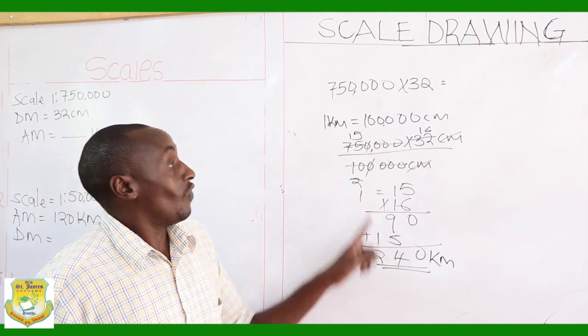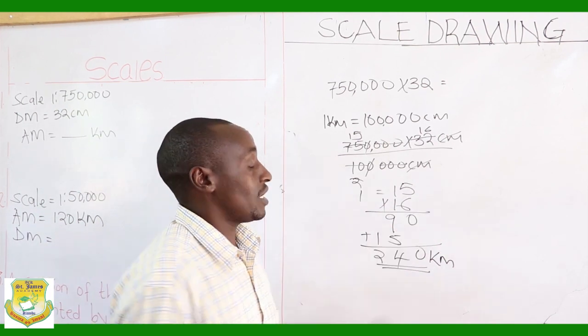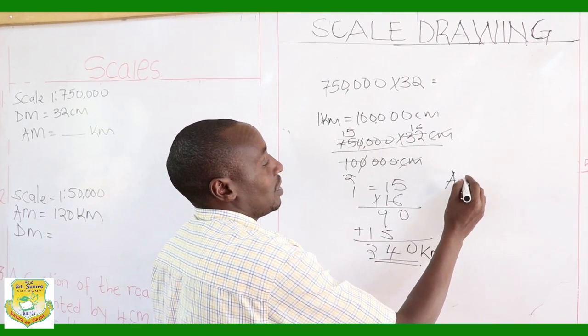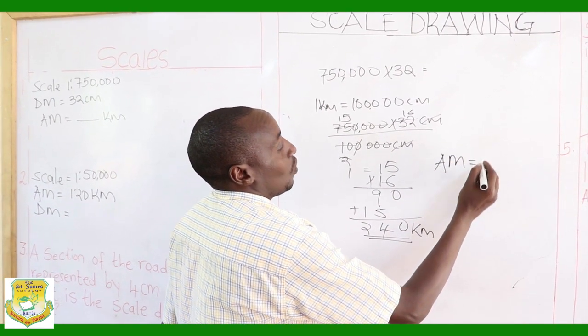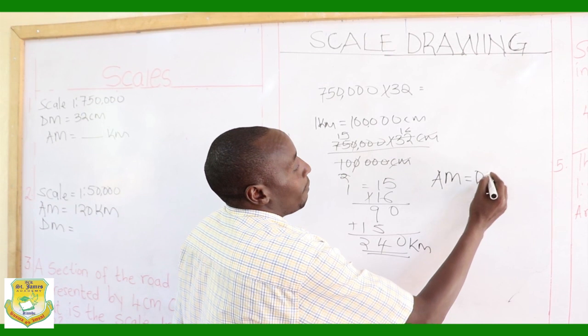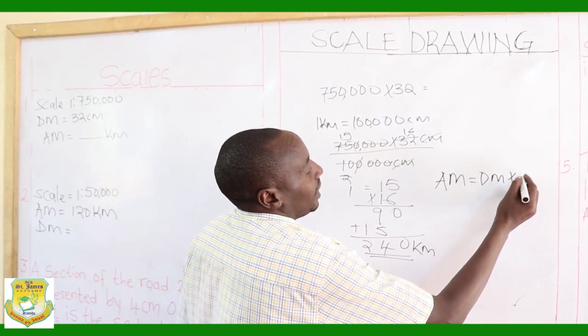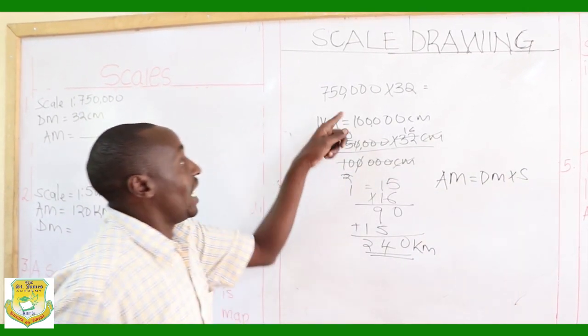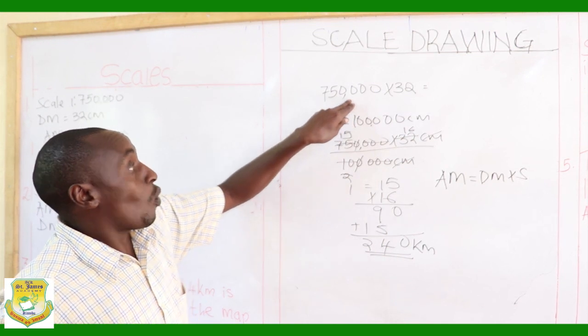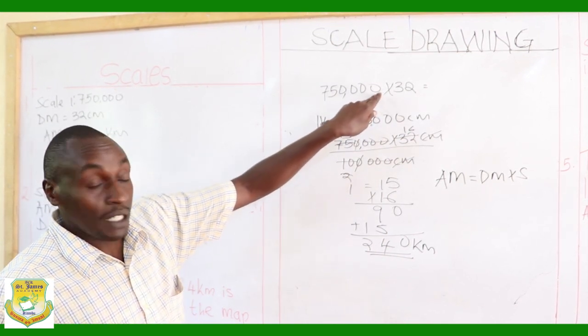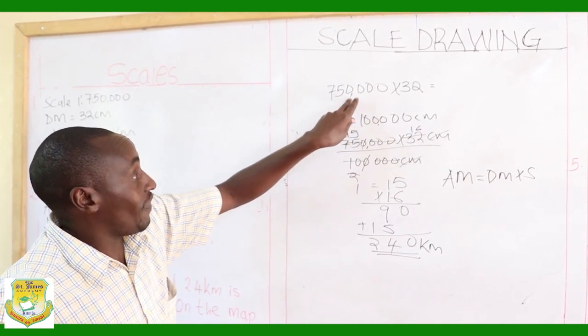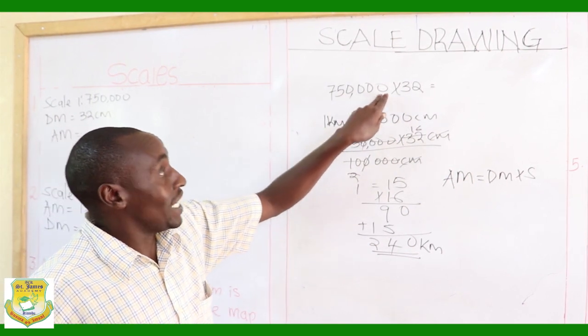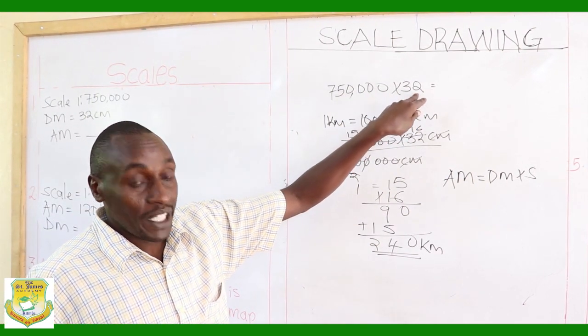I repeat, for us to get the actual measurement, it is equal to the drawing measurement times the scale. As we have done, we have taken the scale 1 is to 750,000 times 32, the drawing measurement.